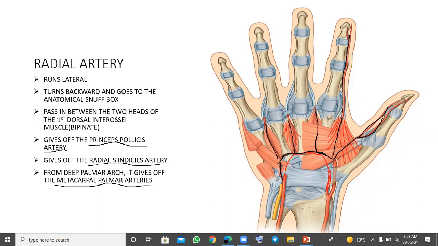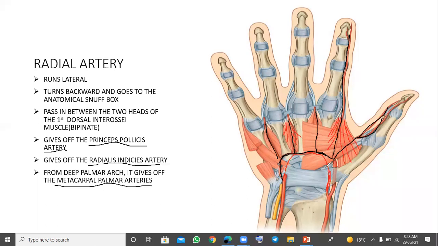Okay, so you have two arches here. You have the superficial palmar arch formed mainly by the ulnar artery. So as you can see, this in red was the superficial palmar arch, which was formed mainly by the ulnar artery, and it anastomosed with a branch coming from the radial artery.